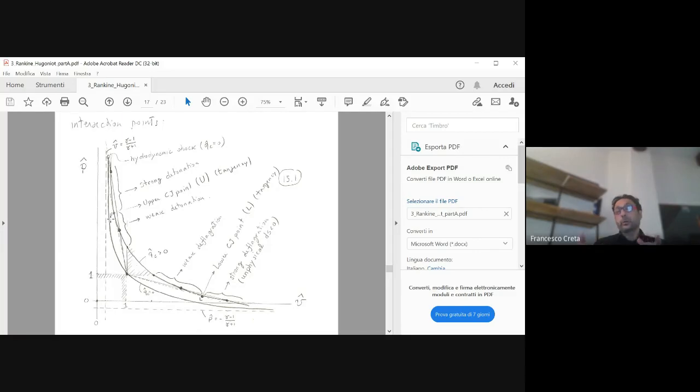Because, and I told you already at the beginning, we're looking at the wave from very far away. So essentially, we're looking at the far upstream and far downstream states and looking at how they can be compatible through essentially the conservation of mass, momentum, and energy. But we're not looking at the inner structure of the wave itself.